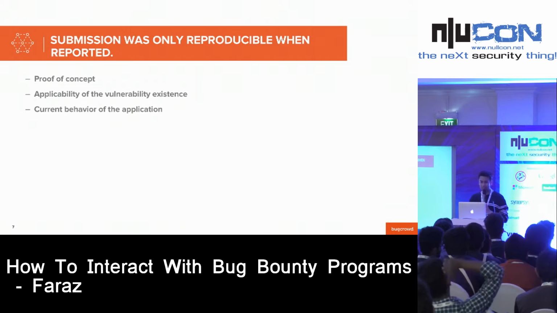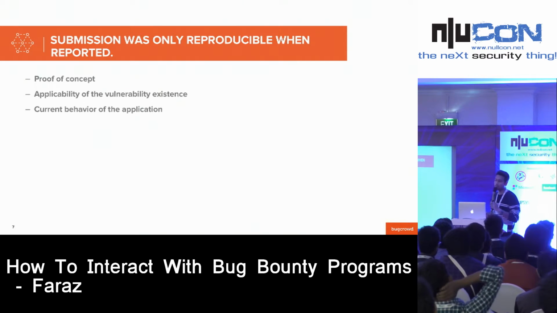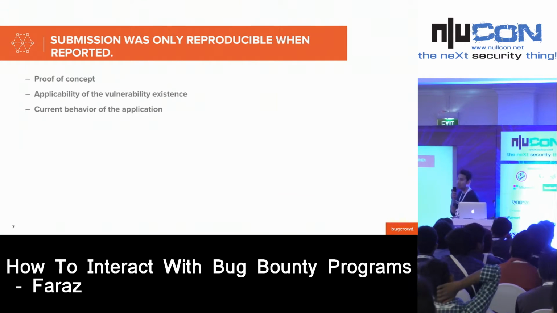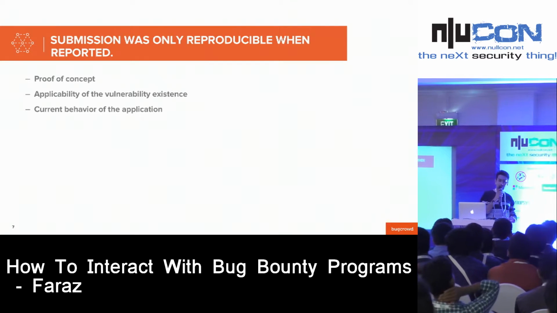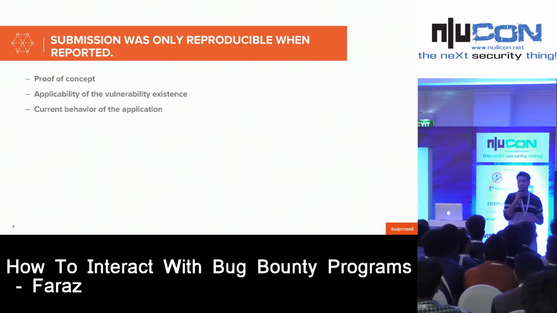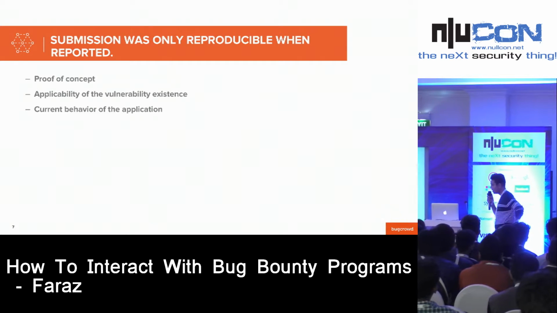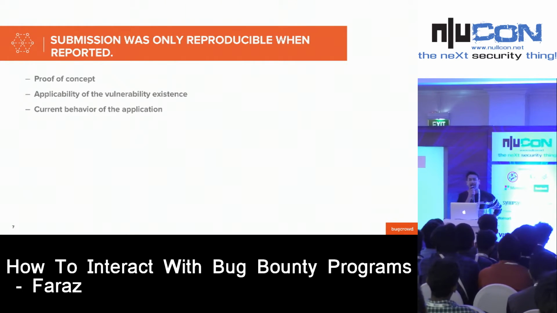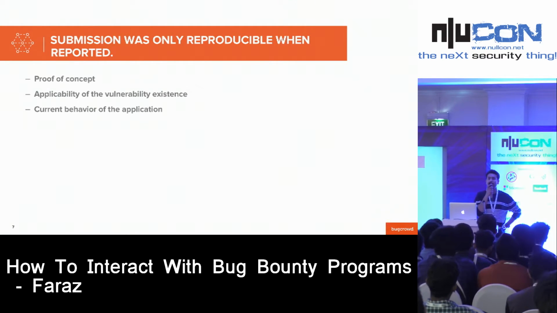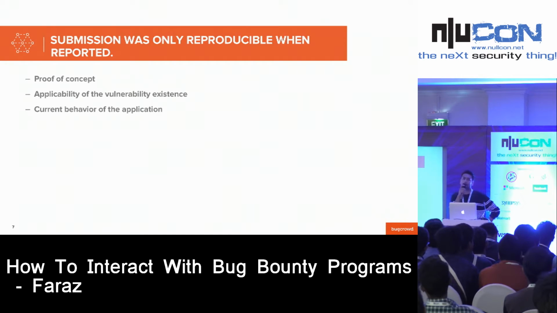All right. So the submission was only reproducible when it was reported. A lot of times you come into a situation when you reported a submission, it was reproducible, but later on it gets not reproducible. Like when the ASE is testing it, right? It happens, right? So in those cases, first we look at the POC you provided.